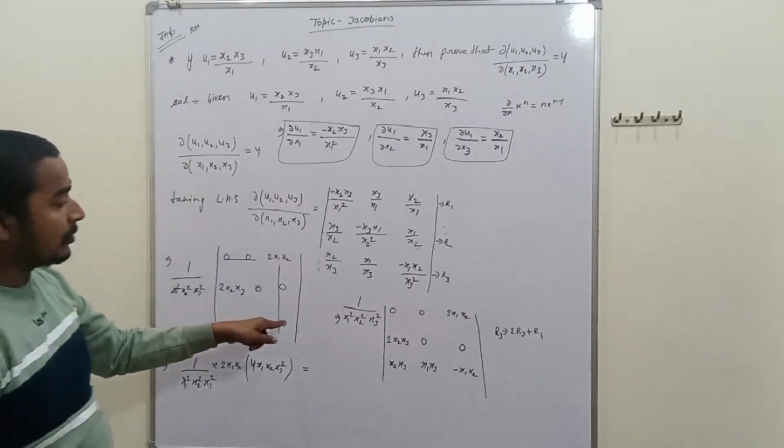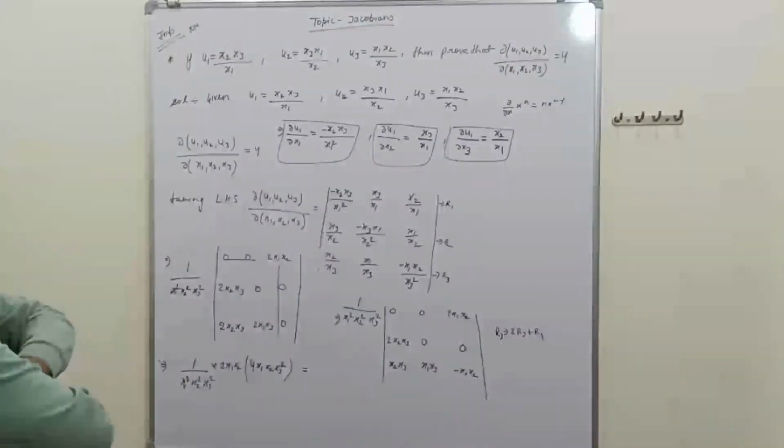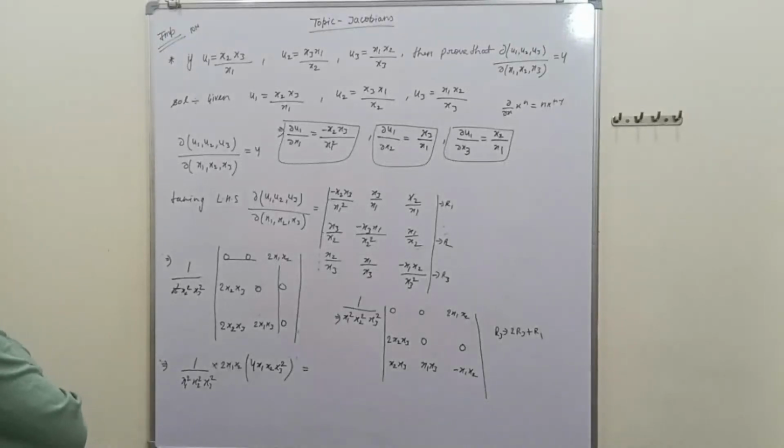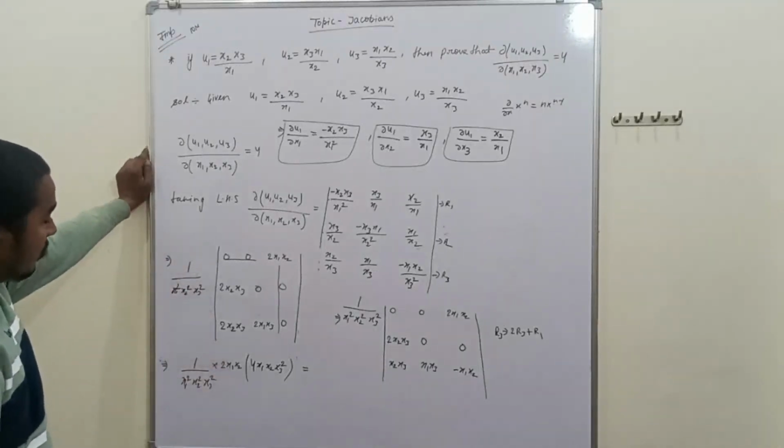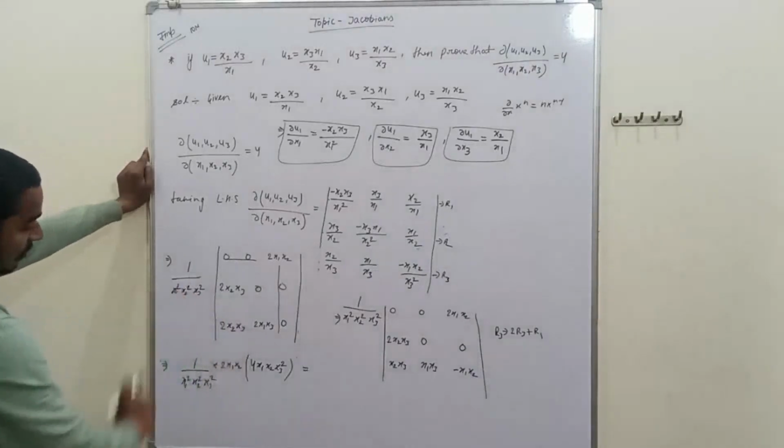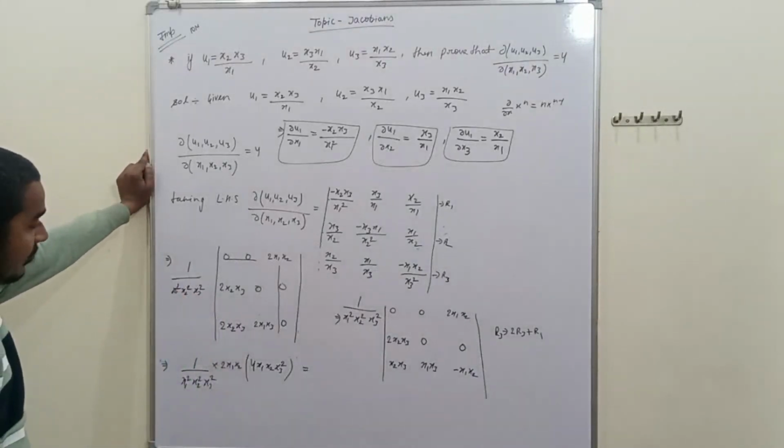This is 0 and r3, r1 is 2 x1 x2, so 2 times x1 x2, that is 2 2s are 4, 4 2s are 8.